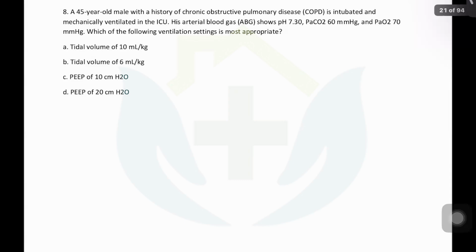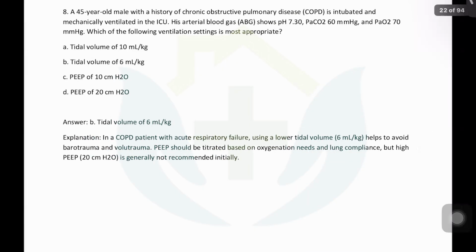The question can change its format, but the answer will remain almost the same. That is tidal volume of 6 mL per kg. So this patient has ARDS plus. The problem is that I don't want to give barotrauma to this patient because this patient has COPD. They can develop pneumothorax, pneumomediastinum secondary to barotrauma. We don't want that.